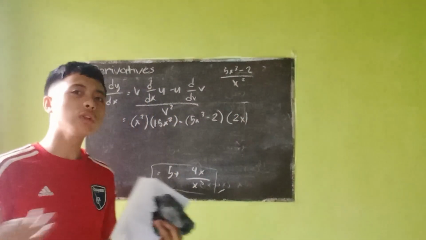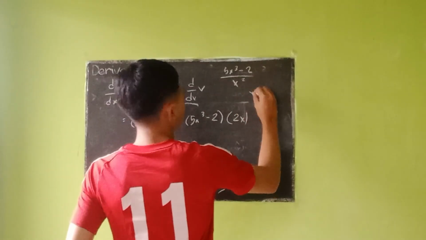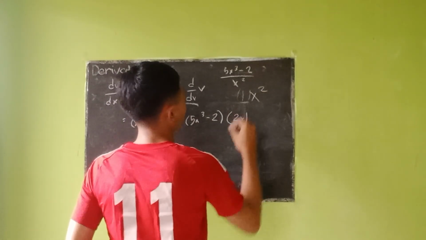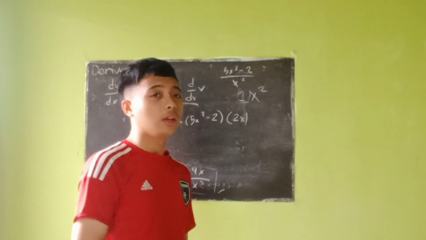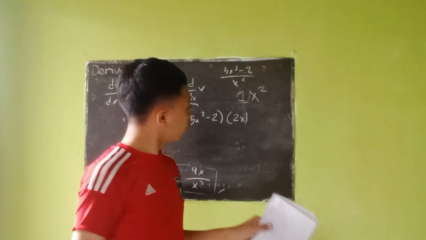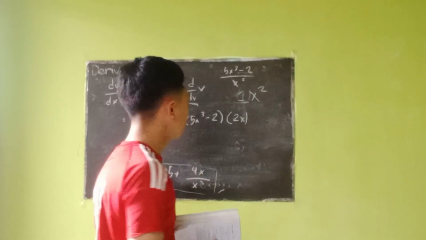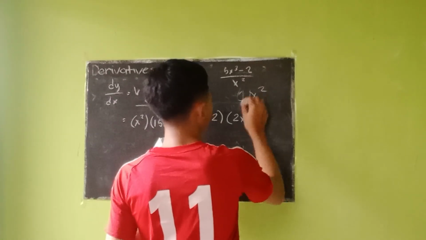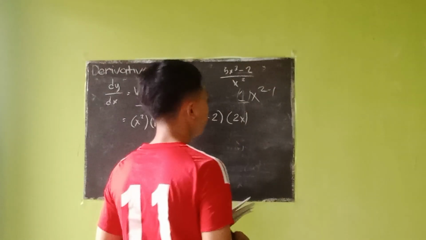Now, how did you figure out that it is 2x? That is quite simple. Since we already know that our x already has an invisible 1, so 1 times 2 is 2. Then minus that with 1, that would be 1.